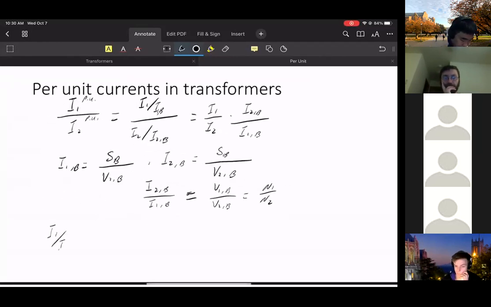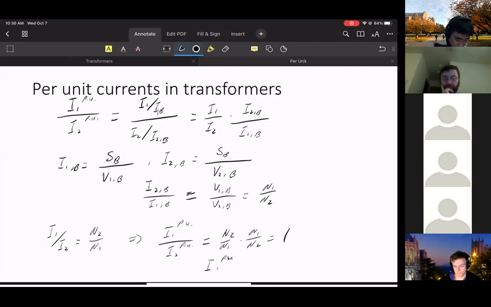But I1 over I2 in an ideal transformer is N2 over N1. So this tells us I1 per unit over I2 per unit is N2 over N1 times N1 over N2. This is 1. So again, I1 per unit equals I2 per unit. Sorry, not equal to 1, they're equal to each other.